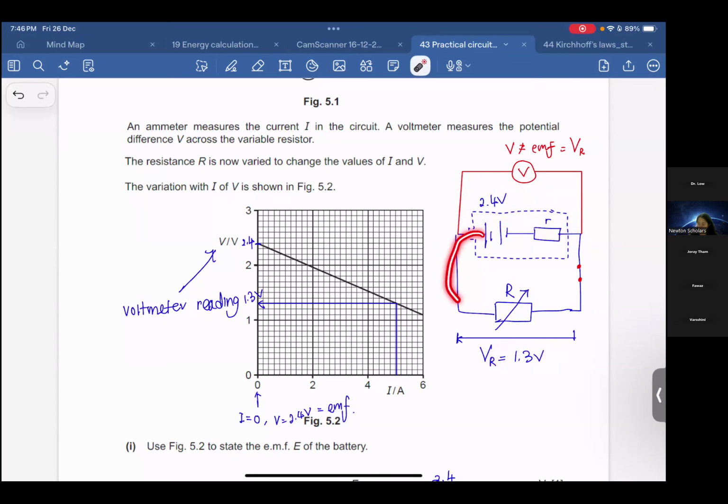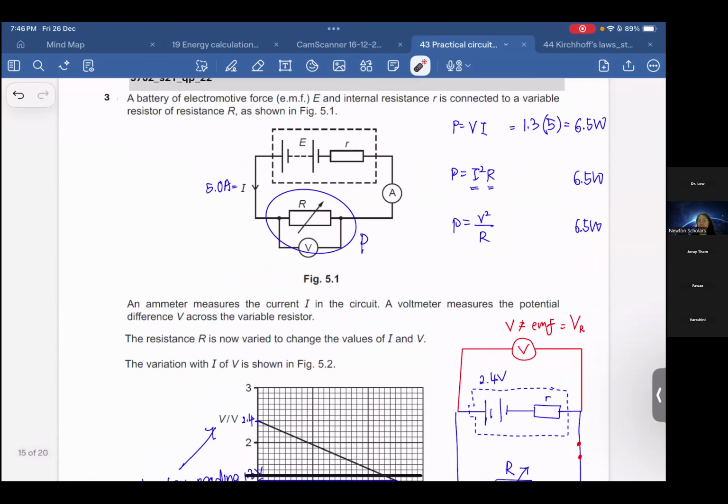Because this is a series circuit, as I told you, the current is, let's say, 5.0 ampere. The question asks about 5.0 ampere, so the current flowing in the internal resistance is also 5.0. If they're asking you to calculate the power dissipated in the internal resistance, the current is the same, 5.